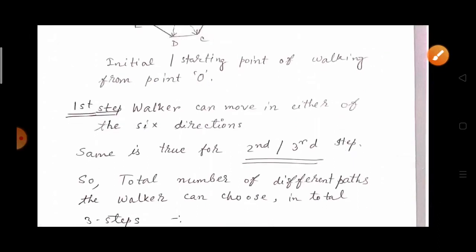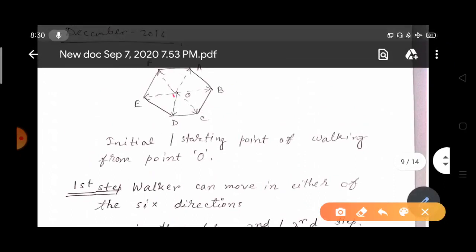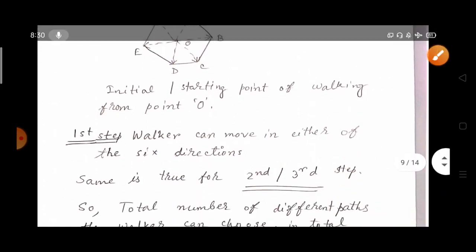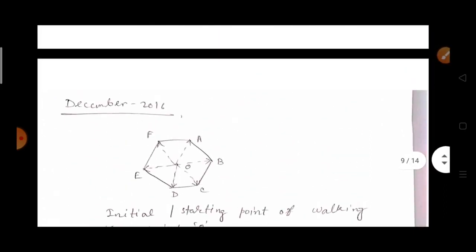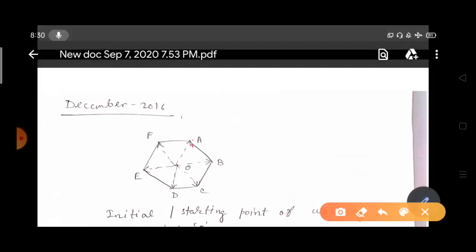Now the first step, we can move in any of six directions, because we can make six choices. We can go to this one, or through this path, or this path, or this path. So in total, 1, 2, 3, 4, 5, 6. We have six choices. The same is true for all the other points, because if we start from here, we also can make six choices.